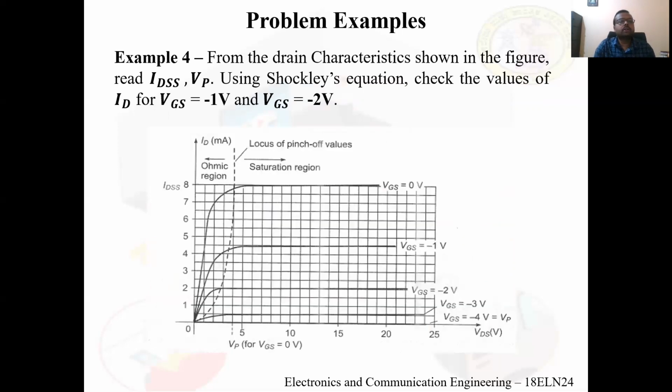Now we'll go to example number 4. From the drain characteristics shown in the figure, read IDSS and VP. Using Shockley's equation, check the values of ID for VGS equal to minus 1 volt and VGS equal to minus 2 volts.